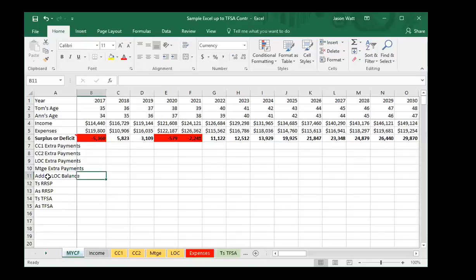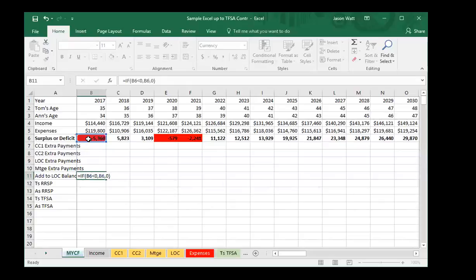So what happens here? I have a negative value. So with that negative value in there, I'm going to do a little if statement. And the way I'm going to do this if statement, I say, all right, if this amount is less than 0, so if B6 is less than 0, then I'm just going to put B6 in this cell.